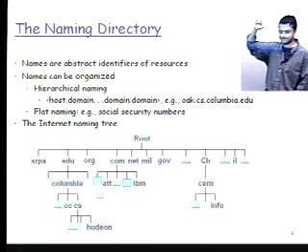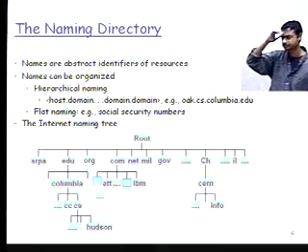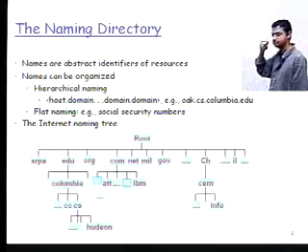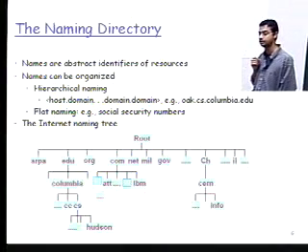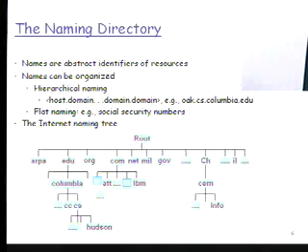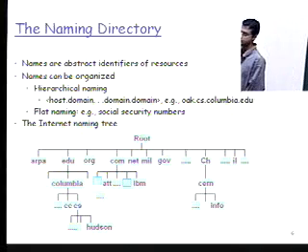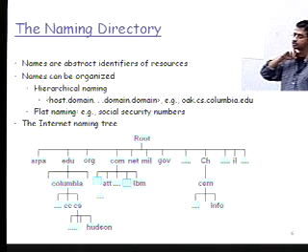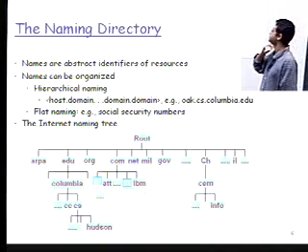Just to clarify one thing: not all of the edu TLD servers are going to know Columbia. Some of them will not know about Columbia. So potentially when you run the query, you can come back to top level domain servers for edu that have no idea about Columbia.